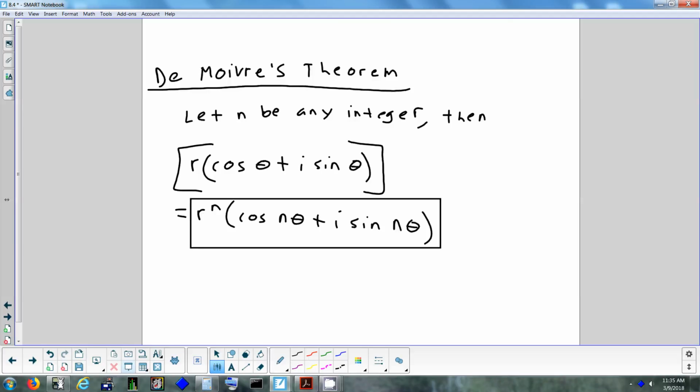That's what we just talked about. And we're going to raise that to a power. n could be to the 3rd power, it could be to the 5th power, n could be any integer that you want.